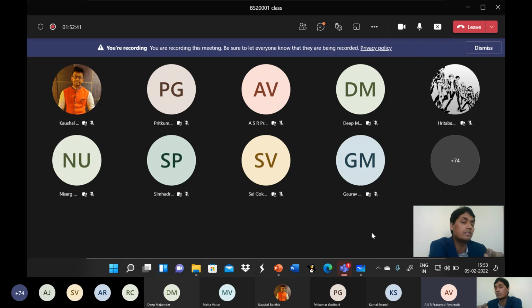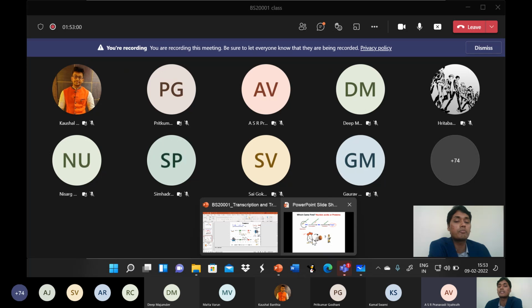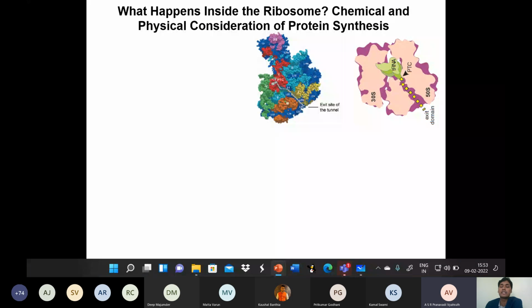It has enzymatic activity also. In any life form, the translation, the most fundamental event, is catalyzed not by proteins, though all other enzymes are proteins. In this case, ribosomal RNA itself catalyzes the reaction. So that again proves that RNA could be the initial molecule. And see here what happens inside the ribosome.